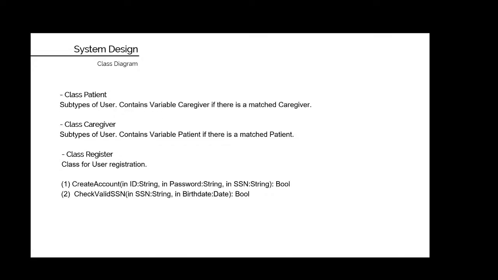Class patient is a subtype of user, and contains variable caregiver if there is a matched caregiver. And class caregiver is also a subtype of user, and contains variable patient if there is a matched patient. Class register is a class for user registration. It has 2 functions: create account and check valid SSN.